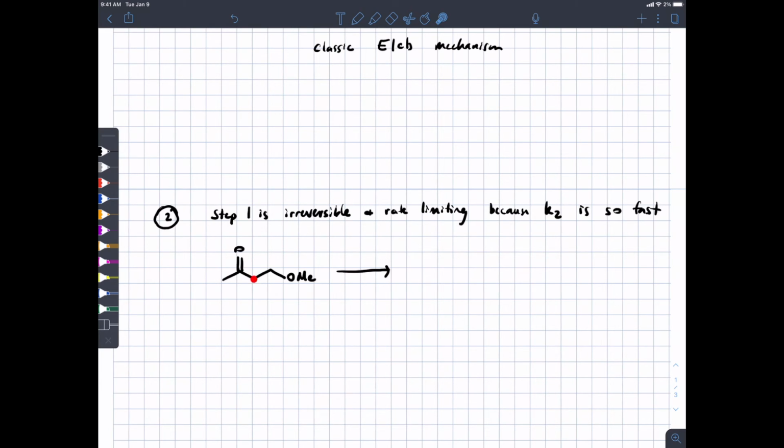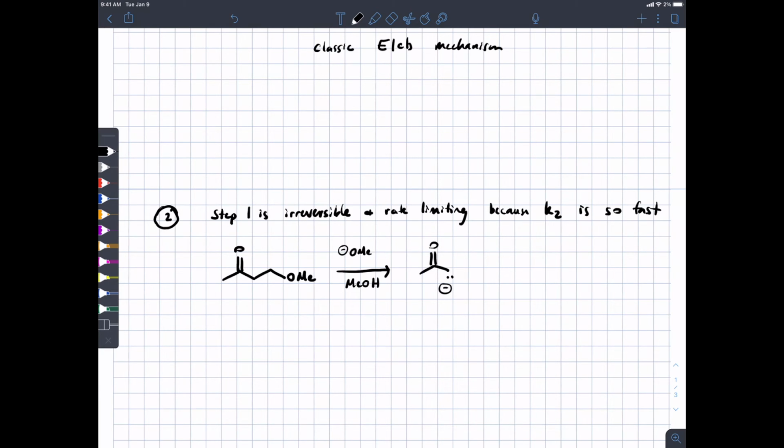And the pKa of this proton that's alpha to the carbonyl and beta to your cruddy leaving group is in the 20s, whereas the pKa of methanol is like 16. So there's not very much enolate.